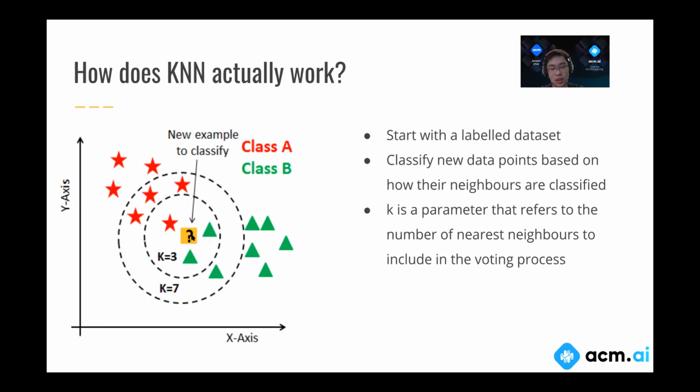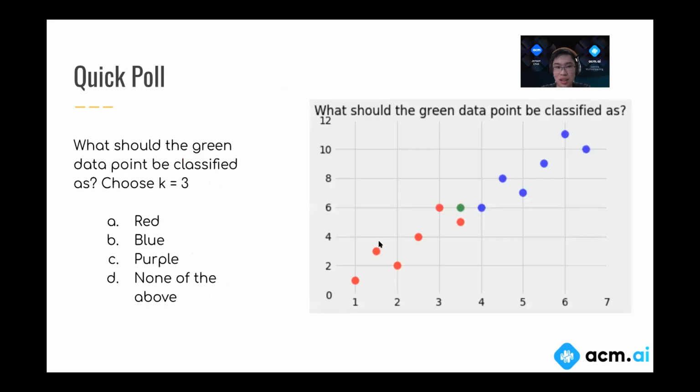For k equals 3, this will be classified as a green triangle because the green triangle has 2 votes and the red star has 1 vote. But if k is 7, then the red star has 4 votes and the green triangle has 3 votes. So this will be classified as red if k is equal to 7.